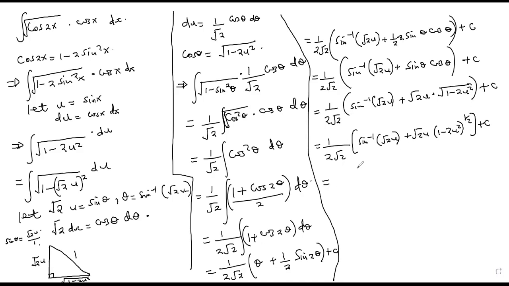Now, because u is equal to sine x, everything has to end in x. So it is 1 over 2 root 2 sine inverse of root 2 sine x plus root 2 sine x into 1 minus 2 sine squared x to the power a half, then plus a constant of integration.